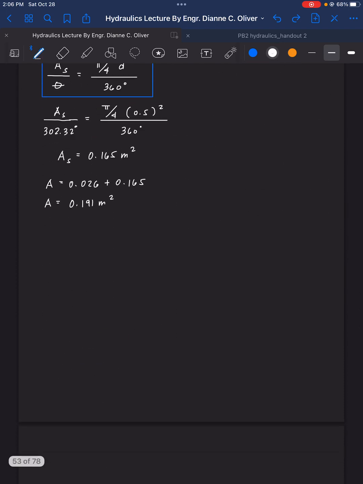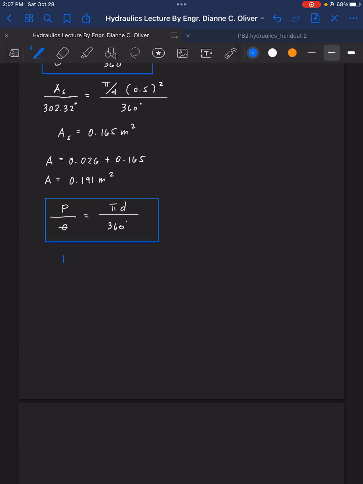So for the perimeter, we can actually use another ratio. Perimeter all over the theta equals the circumference pi d all over 360 degrees. So you can use this to find the perimeter of the sector.